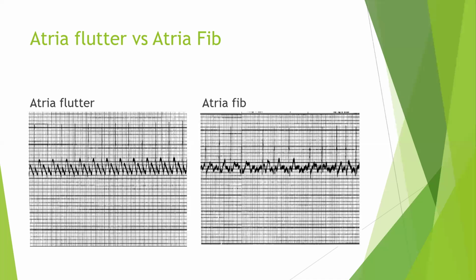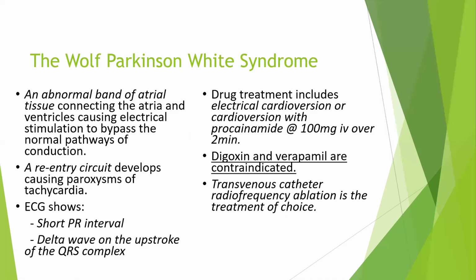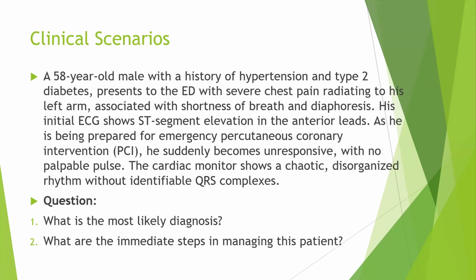So if you are presented with these ECG tracings, you should be able to differentiate between atrial flutter, with rapid rates but uniform, while in atrial fibrillation you have fibrillatory waves, which are irregular but also very fast. We talked about all this. So that's a little background of what we did last week. Today, let's look at this scenario.